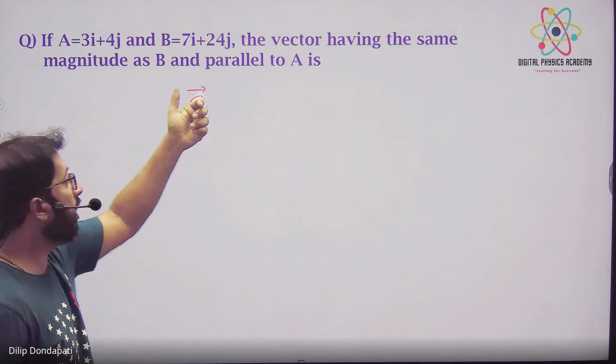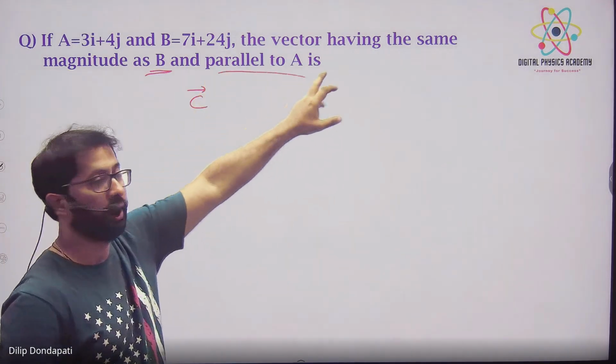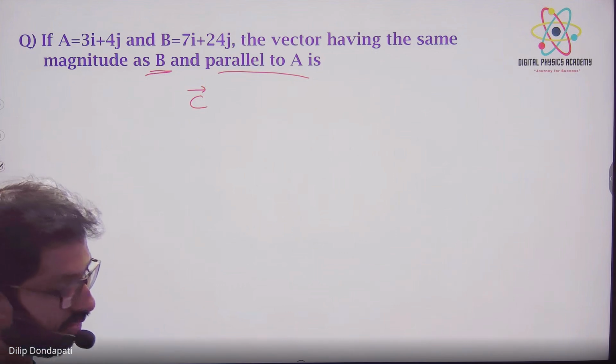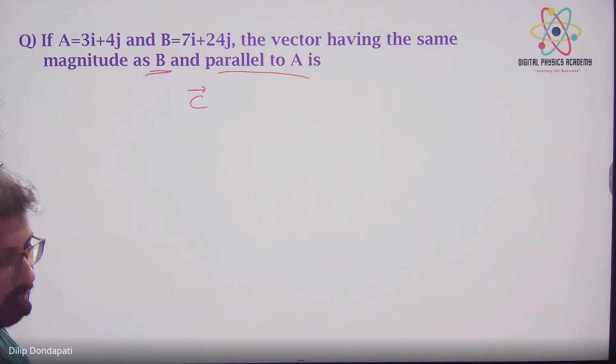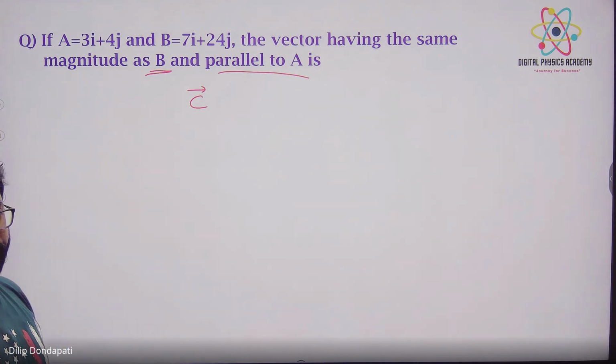Which magnitude do we take? Take the magnitude of B, and parallel to A. Just try. Then I will explain and you will understand. Read and try. So parallel to A means, let's say, one second.